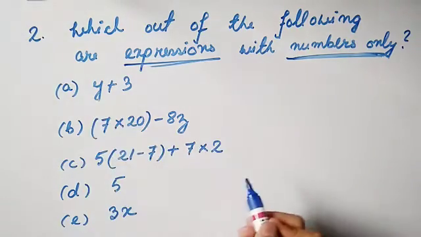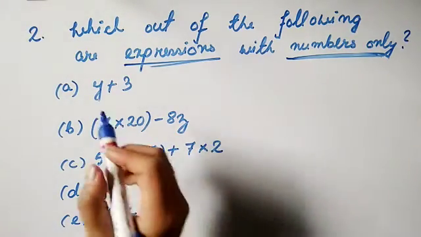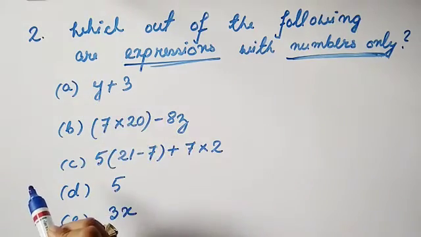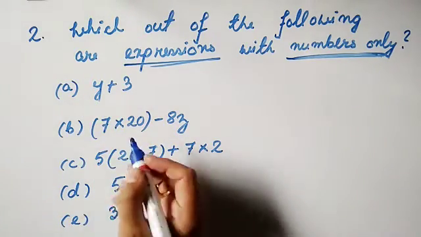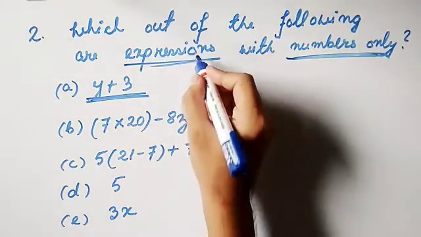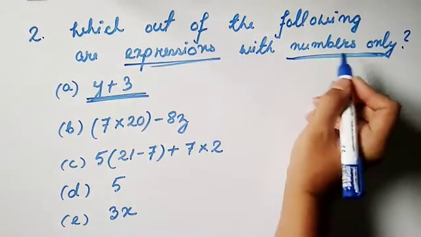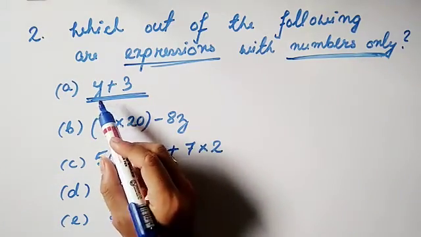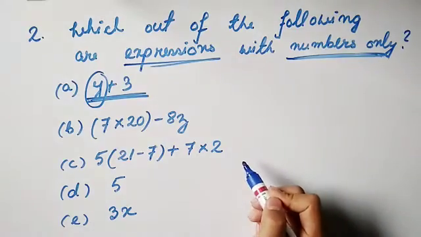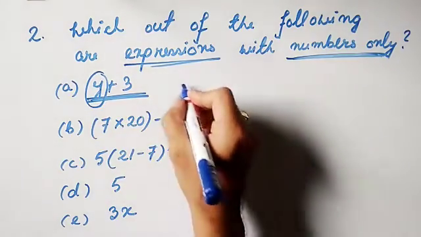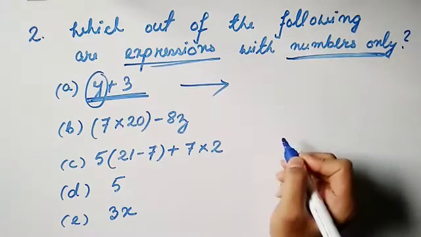So let's look at our first question. The given expression is y plus 3. So we are going to find whether this expression y plus 3 is an expression with numbers only or not. As we can see from this expression, there is a variable involved, right? And the variable is y. So is this an expression with numbers only?